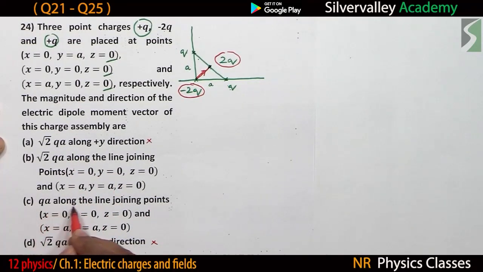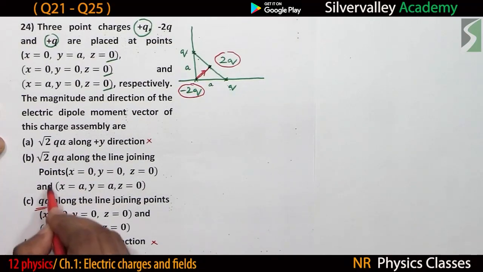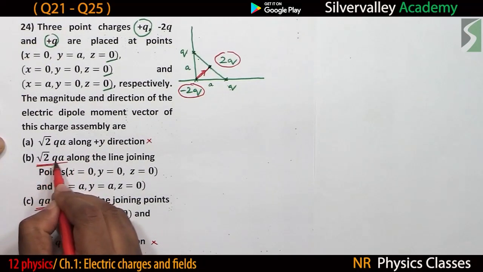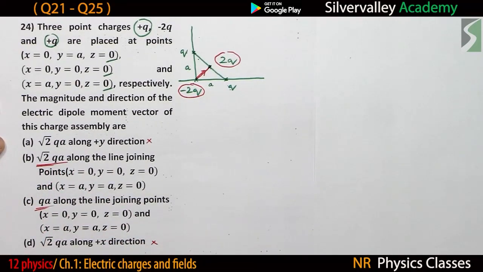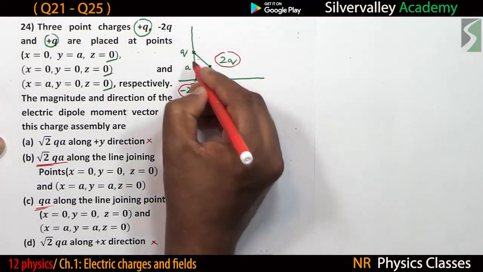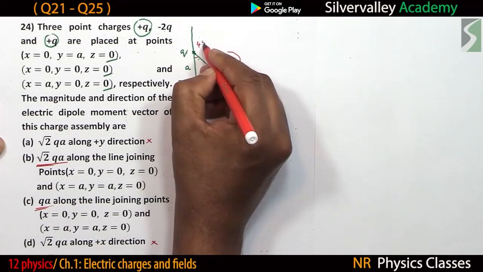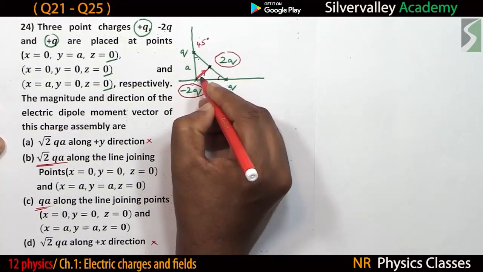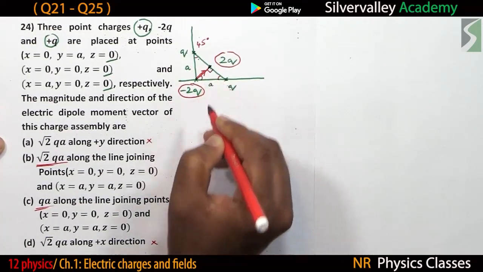Now q into a is the dipole moment. Here root 2 qa. This is 45, this is 45. Therefore this should be 45 and this is 90.